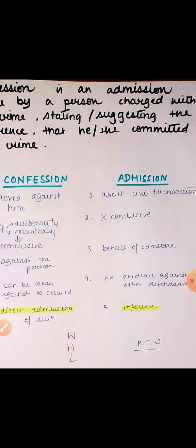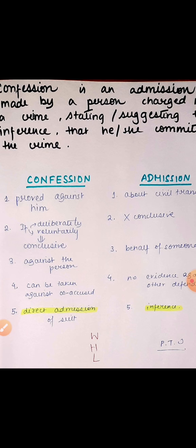Fourth point, confession can be taken against a co-accused if 2 or more persons are charged for the same offense. If 2 murderers have committed a murder together, then even if one of the murderers accepts the offense, it can be taken as full proof evidence against the other co-accused, against the other murderer.